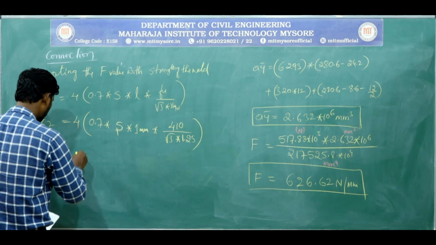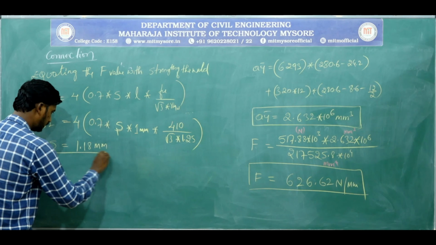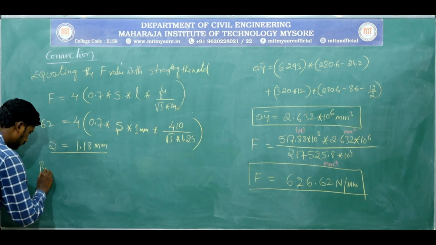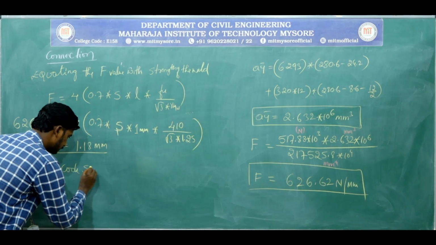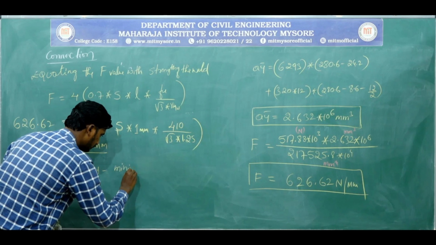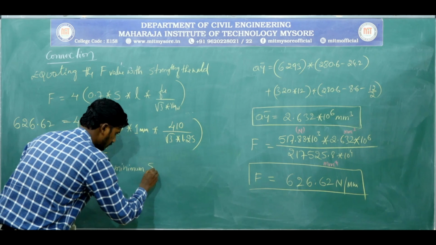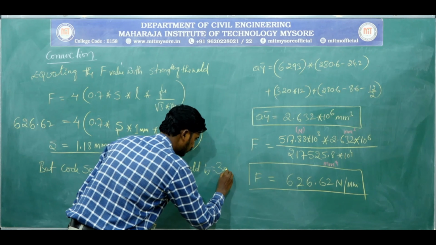S is equal to 1.18 millimeter, but the code says the minimum size of the weld is 3 millimeter.